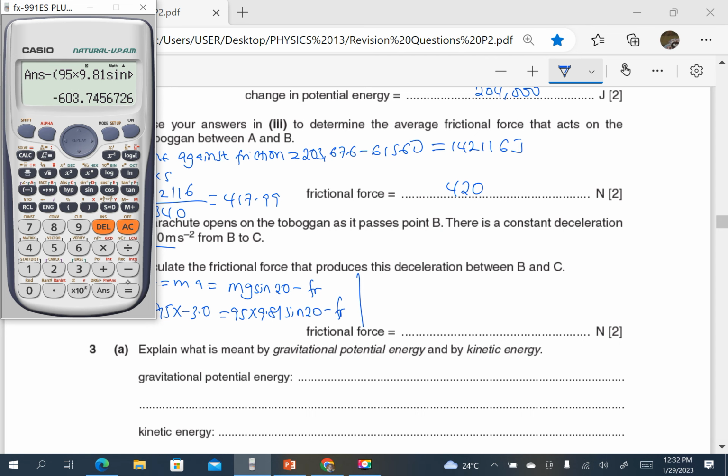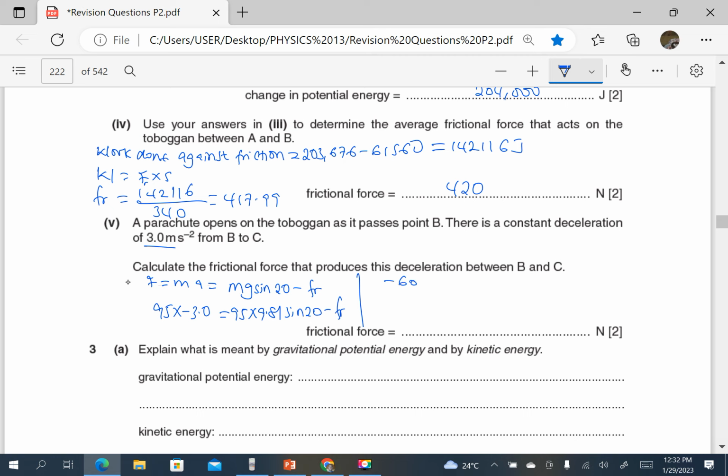So the answer is around negative 603.7, which is equal to negative FR. That means FR is 603.7, so FR is approximately 604, or strictly 600 in newtons.